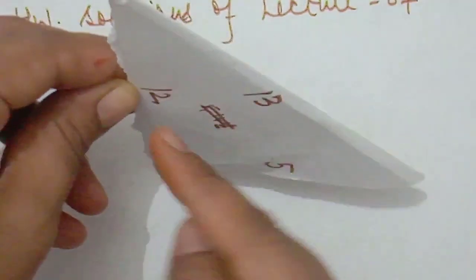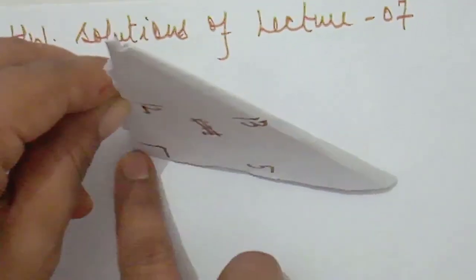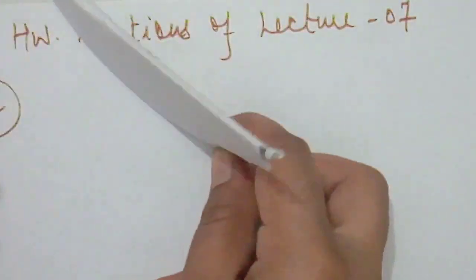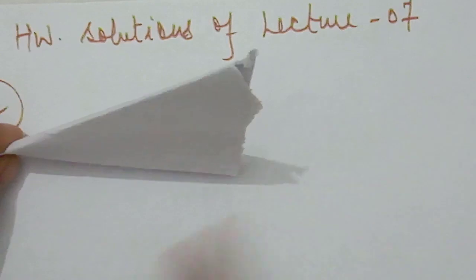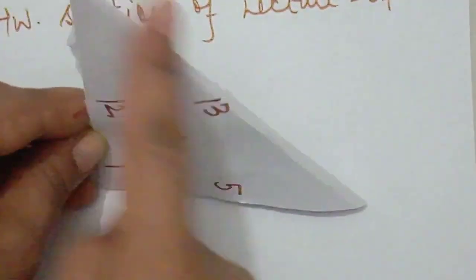When it revolves around it, 12 centimeter is the height and 5 centimeter is the radius. How is it the radius? Because when we revolve it like this, the 5 is here and 5 is here. The diameter of the circle is 10, so the radius is 5. So the height is 12, the radius is 5, and the slant height is 13.